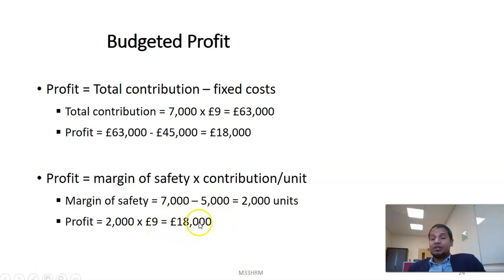You can calculate the budgeted profit this way based on contribution, that is, the extra additional contribution is your profit. So margin of safety is 2,000 units, and 2,000 units times contribution per unit is 18,000. And this 18,000 is the budgeted profit of the company. You can calculate it based on margin of safety as well.